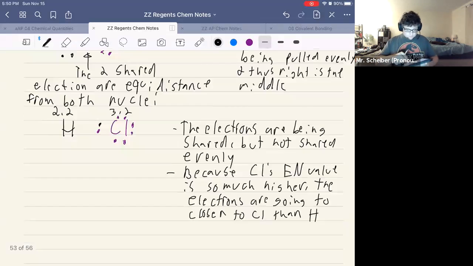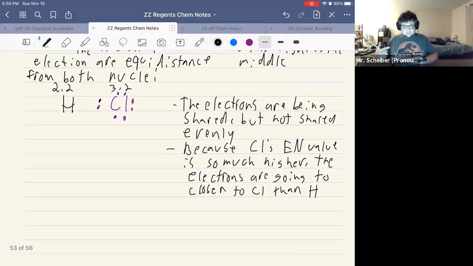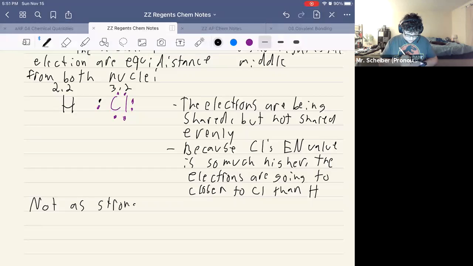Okay, now we have to note that this is not as strong a negative charge as the chloride ion in NaCl.